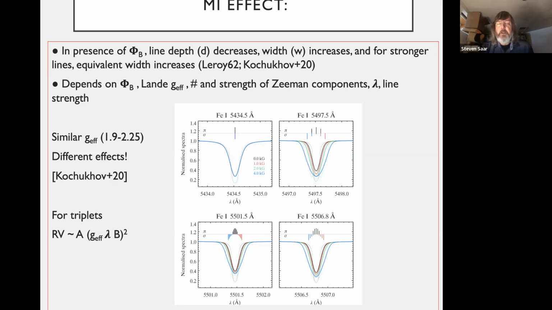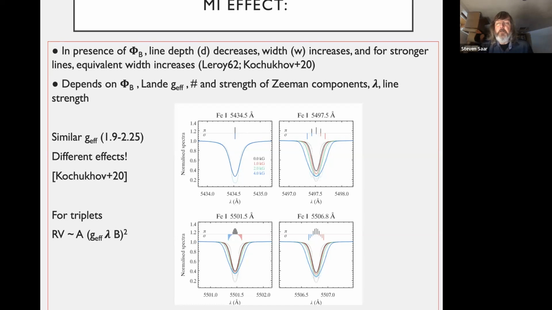The linearly polarized pi components are indicated by the black lines and the relative strength and splittings, and the circularly polarized sigma components are shown by the red and blue.